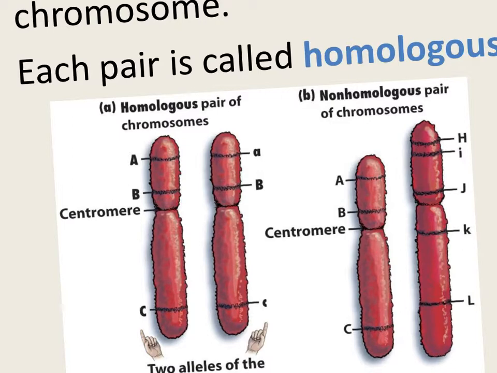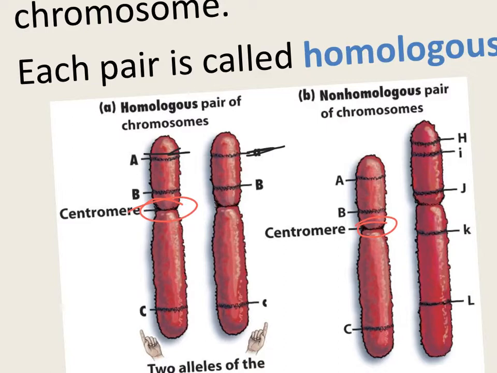Here are the centromeres. These are different genes, and they might have different alleles. This is a non-homologous pair of chromosomes. In other words, this one might be chromosome number 3, and this might be chromosome number 22.